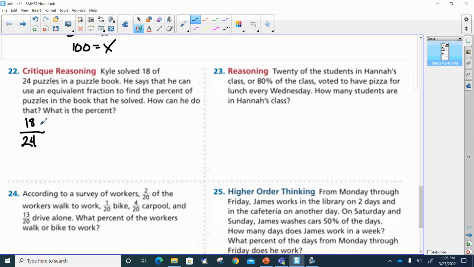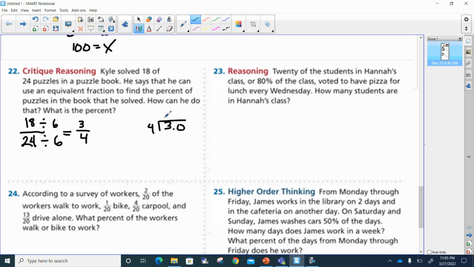We could divide both of these by a number to get an equivalent fraction. Both of these are divisible by 6. 18 divided by 6 is 3. 24 divided by 6 is 4. So this is 3/4. What percent would it be? Well, 3 divided by 4. If I take 3 and divide it by 4, I see that I have to put my decimal here.